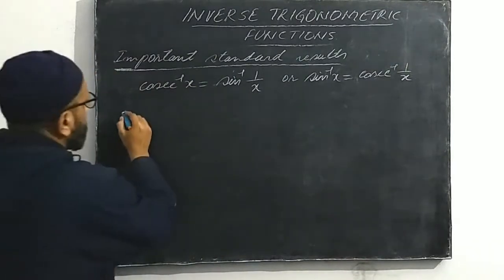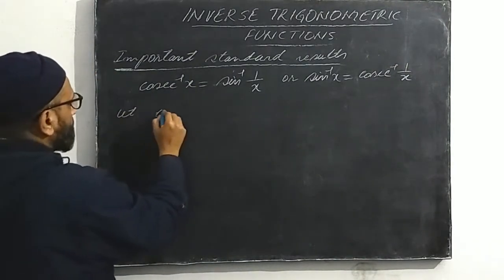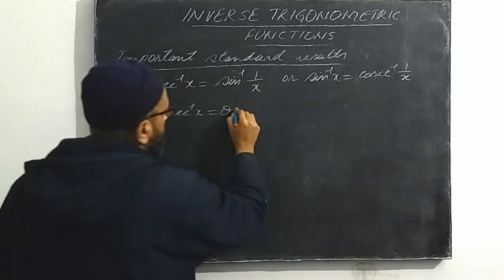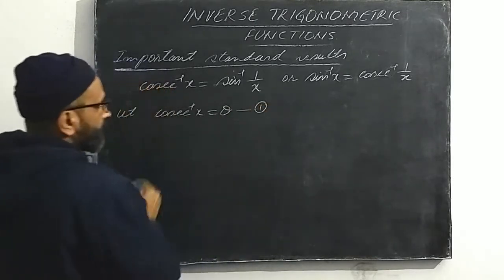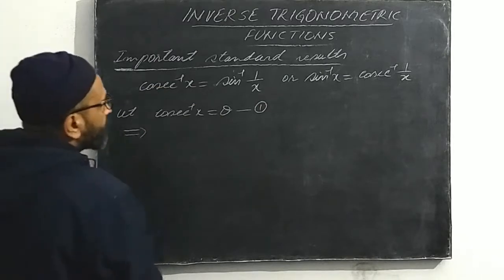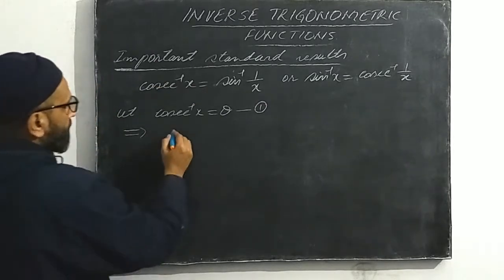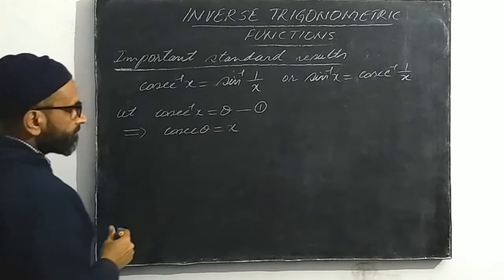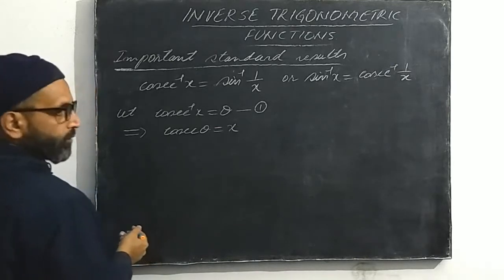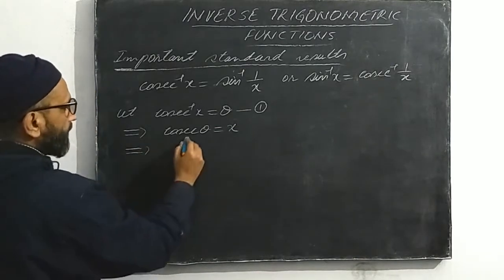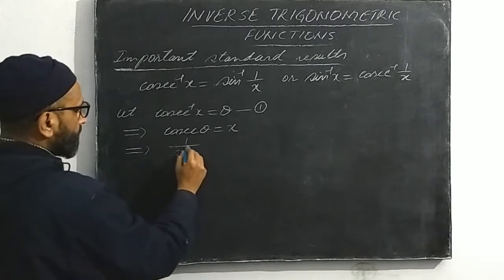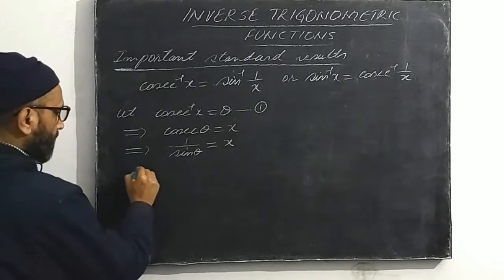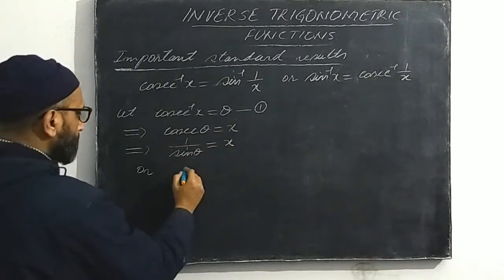How? Let cosec inverse x be equal to theta, let it be 1. From 1, by the concept of inverse trigonometric functions, cosec theta is equal to x. And since cosec is the reciprocal of sine, we may write it as 1 upon sine theta is equal to x, or we may take the reciprocal of both sides of this equation.